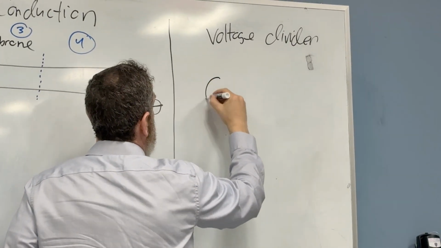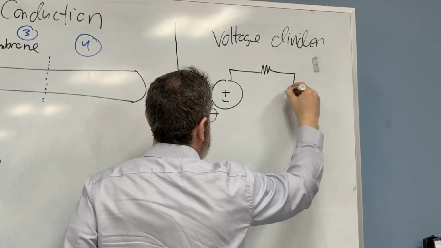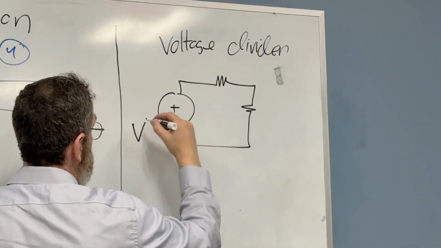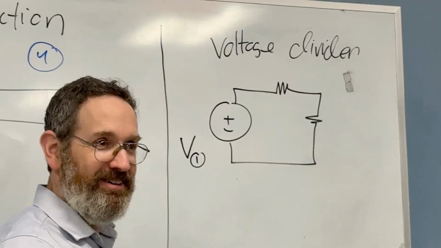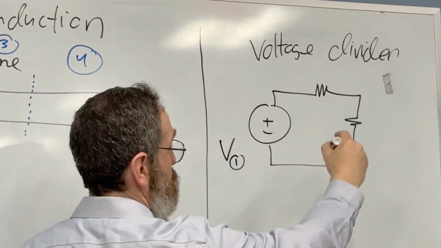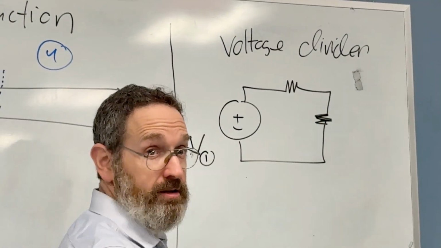So when we talk about a voltage divider in circuits, we have a circuit that looks like this. Now this is our voltage in. I'm going to call this V1, just for the heck of it. I have 2 resistors here. I have to assign them values, just for the heck of it.